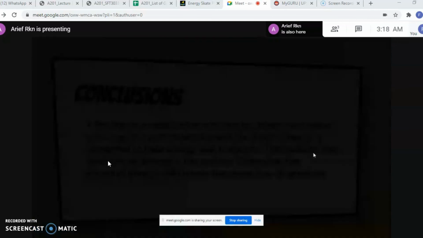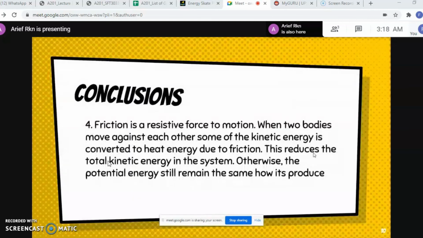Also, for the fourth conclusion, friction is a resistive force to motion. When two bodies move against each other, some of the kinetic energy is converted to heat energy due to the friction. This reduces the total kinetic energy in the system. Otherwise, the potential energy still remains the same.